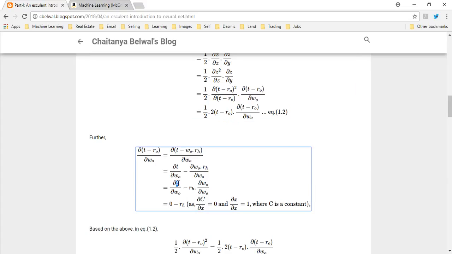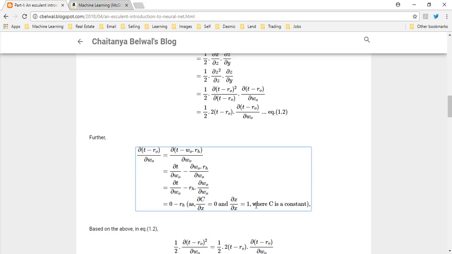Now t again is a constant, so the rate of change of a constant in relation to any other term is basically 0. And the rate of change of x in relation to x is basically 1. So this term becomes rh times 1.